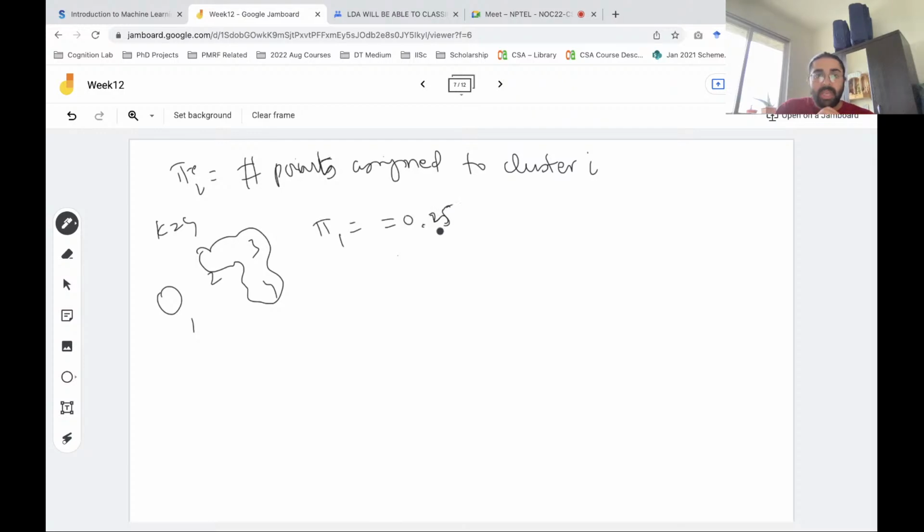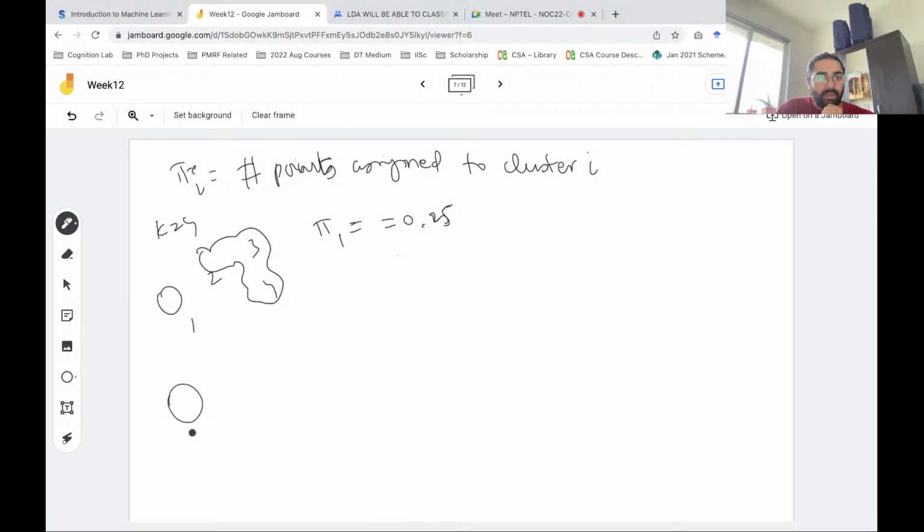Now I'm saying that if I were to use only three Gaussians, what would their respective pi i's be? The point you need to understand here is that they have similar density estimations. The points assigned to 3 and 4 will combine together to form the third Gaussian.